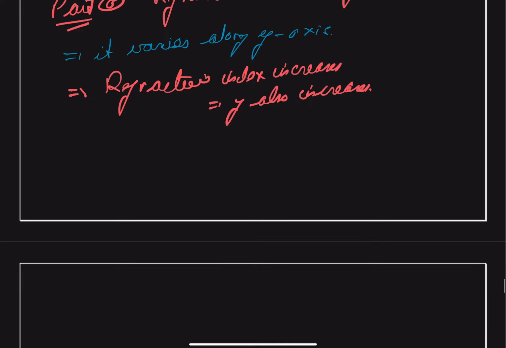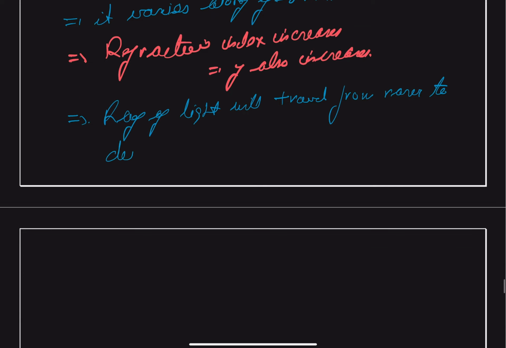So from here we can say that a ray of light will travel from rarer to denser medium, which means that it will bend towards the normal.